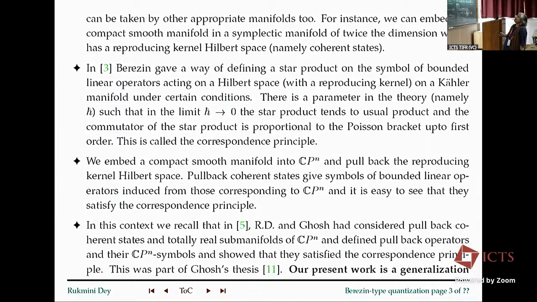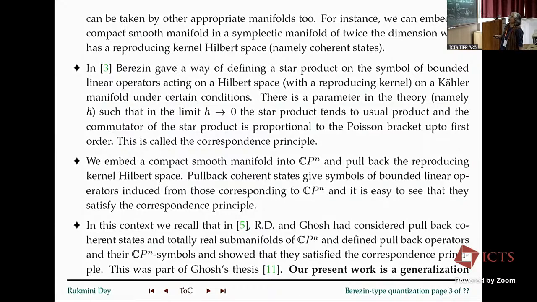Berezin gave a way of defining the star product and the symbols of the linear operators acting on a Hilbert space with a reproducing kernel on a Kähler manifold under certain conditions. There's a parameter which, when it goes to 0, the star product becomes the usual product, and the commutator of the star product is proportional to the Poisson bracket up to first order, the correspondence principle. And we also try to see the same for the embedded manifold.